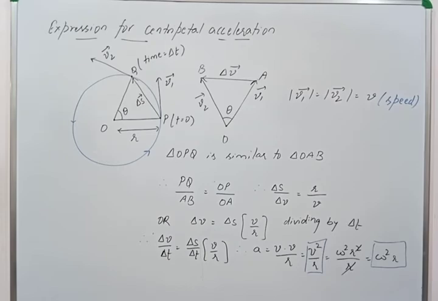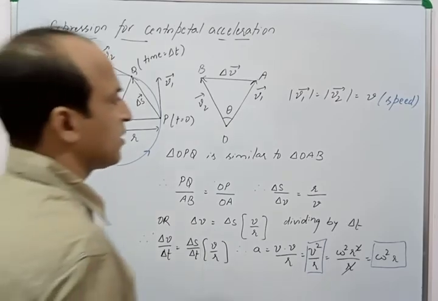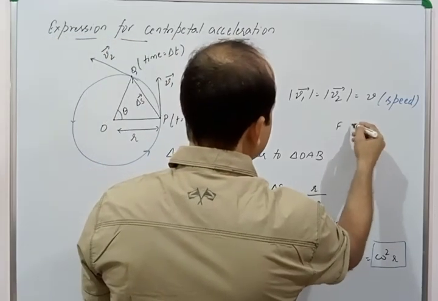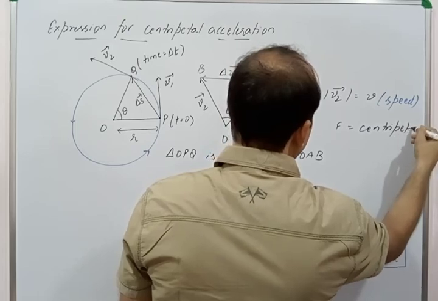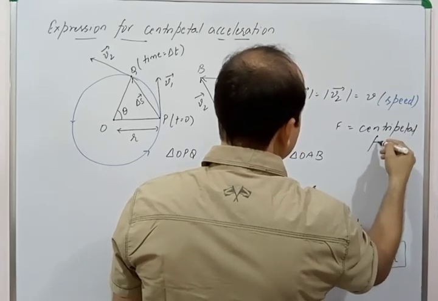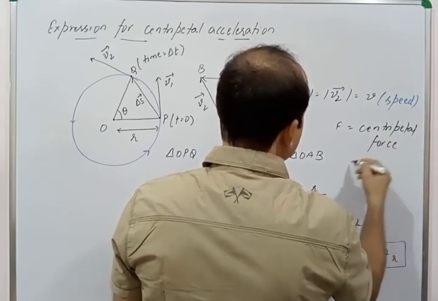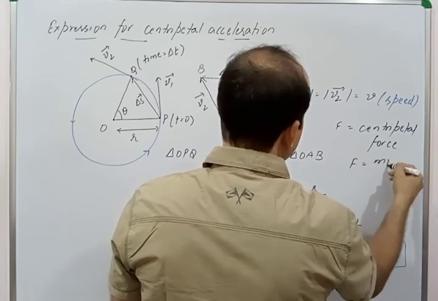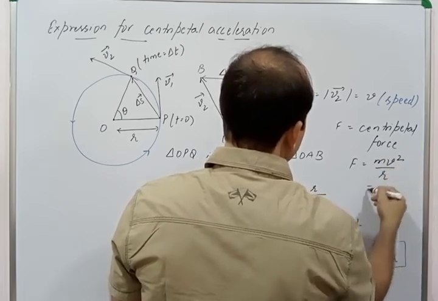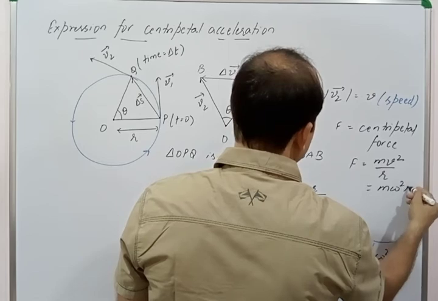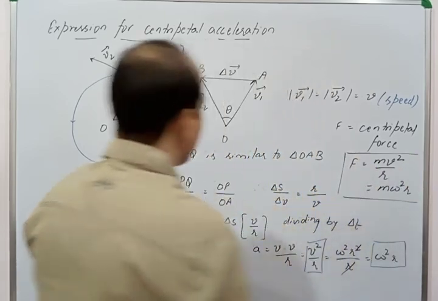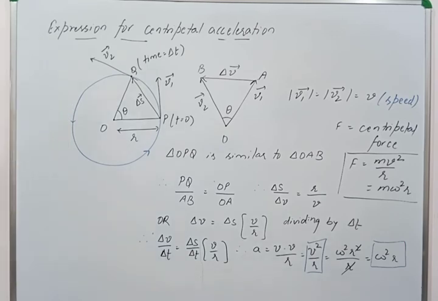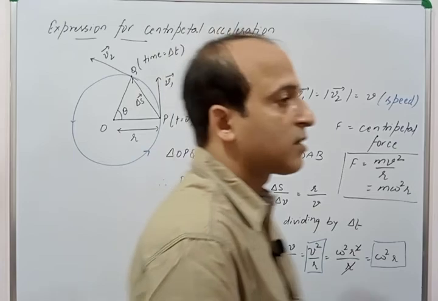Corresponding to this centripetal acceleration, naturally you'll be having the force that is known as centripetal force F. और इस centripetal force का value क्या होगा? ma से निकाल लो, it will be mv square by r. So the value of this centripetal force F will be given as mv square by r or simply m omega square r, right? So this is how the expressions for centripetal force and centripetal acceleration are obtained.